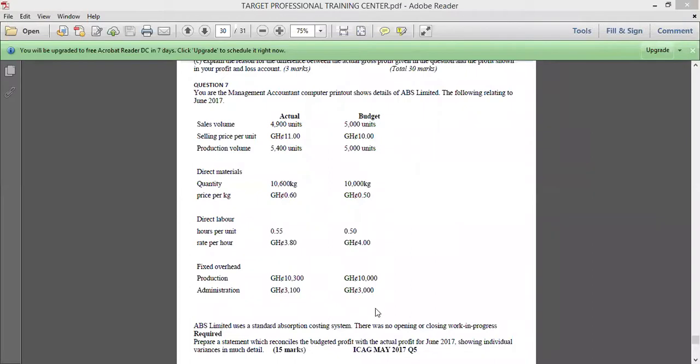So now the question stated that we should prepare an operating statement. Prepare a statement which will compare the budgeted profit with the actual for June 2017, showing individual variances in much detail.